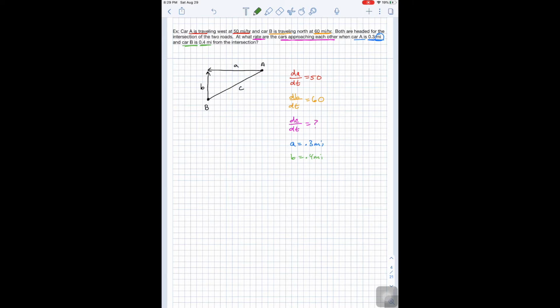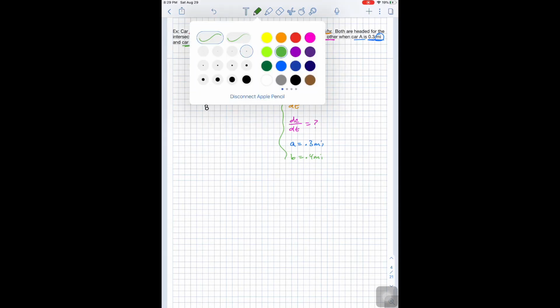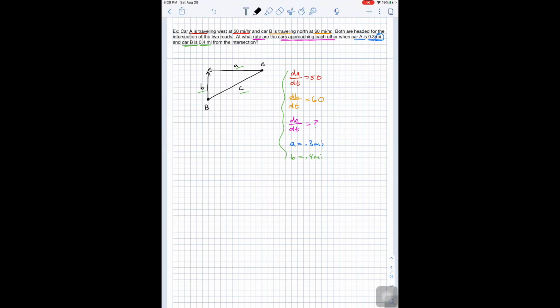Now, all of these things right here are talking about A, B, and C. So then I look at my picture and I go, what formula do I know that relates A, B, and C? We think hard for a minute and we go, hey, wait a minute, I remember pre-calculus, Pythagorean theorem.